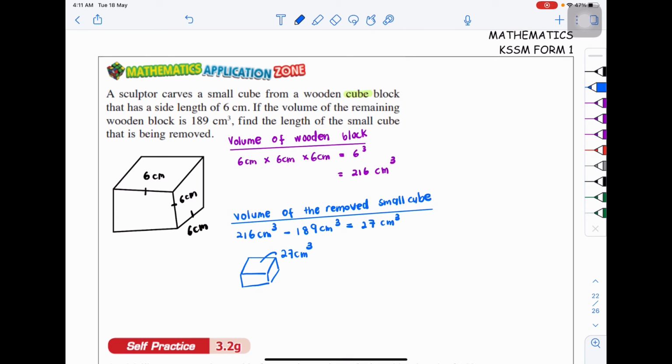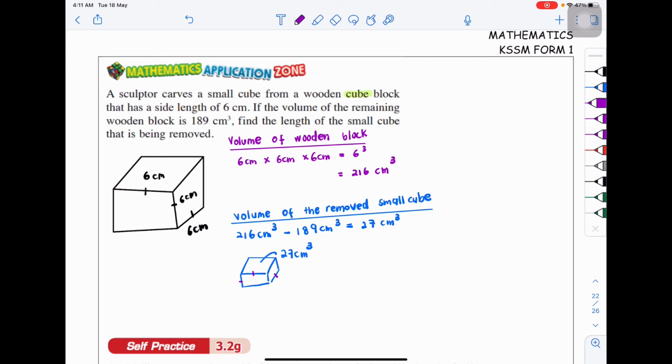Now you want to find the length of the side. To find the length of the small cube, because every cube has the same side length, to find it, what do we do?